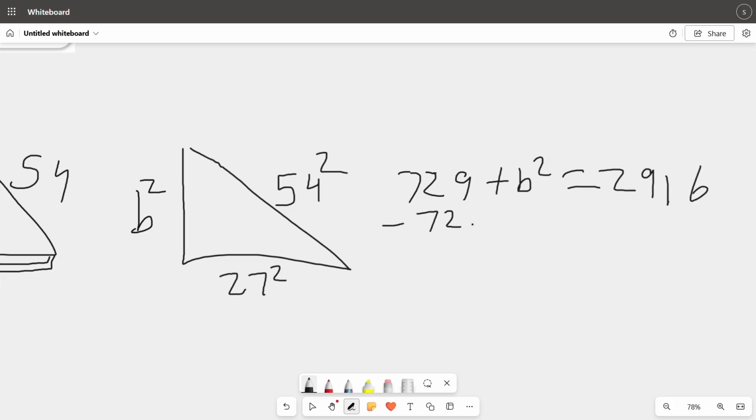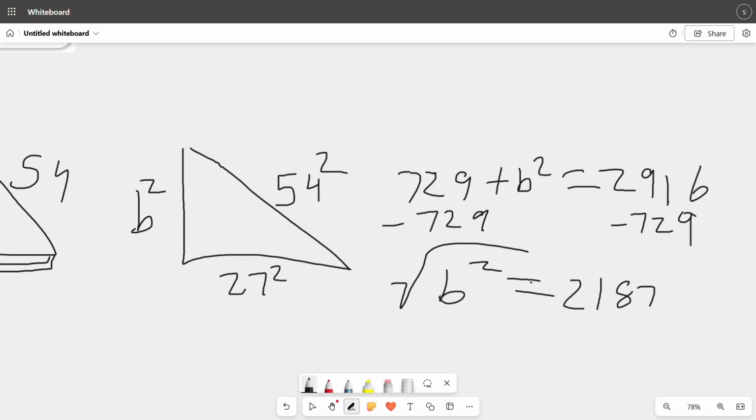Subtract 729 from both sides, and we get b squared is equal to 2187, and we can square root both sides to get b is equal to around 46.77.